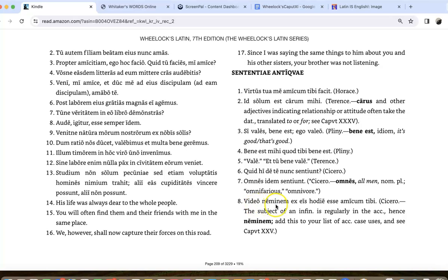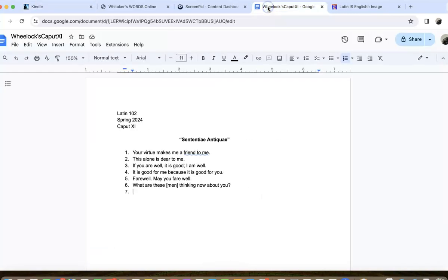I see no one from these men who today are your friends. Here's another one where you're going to have to be a little bit creative with your translation. And so I don't see anyone, or actually let me say I see no one from these.